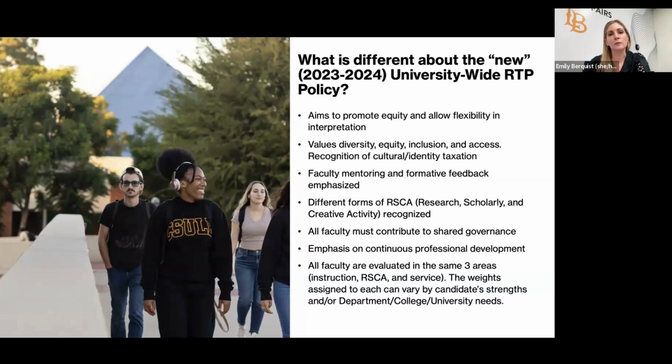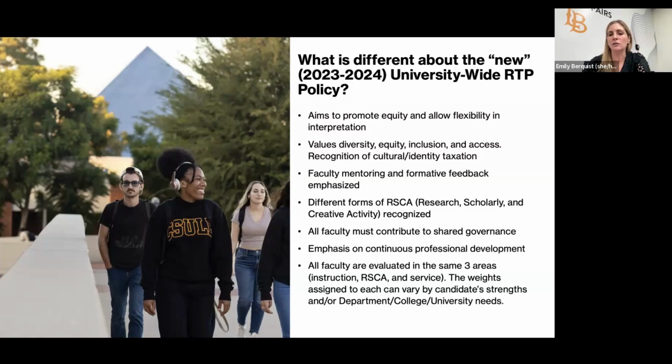This is this invisible labor that our colleagues who are colleagues of color, who are differently abled, who are LGBTQ plus, et cetera, it's additional labor that they are asked to do, sometimes expected to do, and sometimes feel that they have to do. And we understand as a university that this makes the job and the workload of these individuals more serious than others of us who may not face the same taxation.